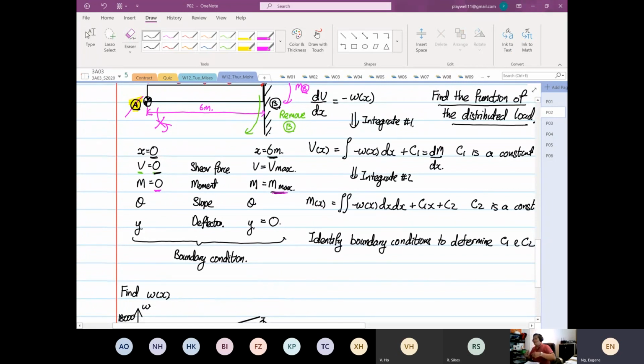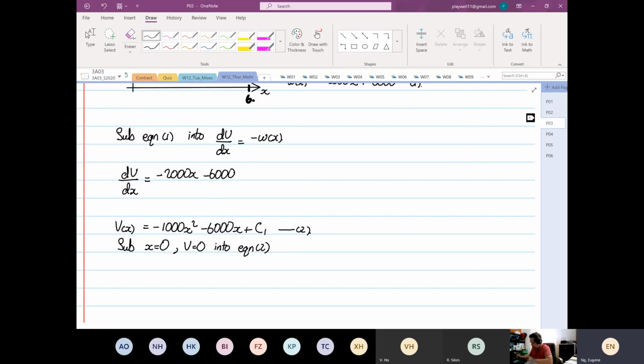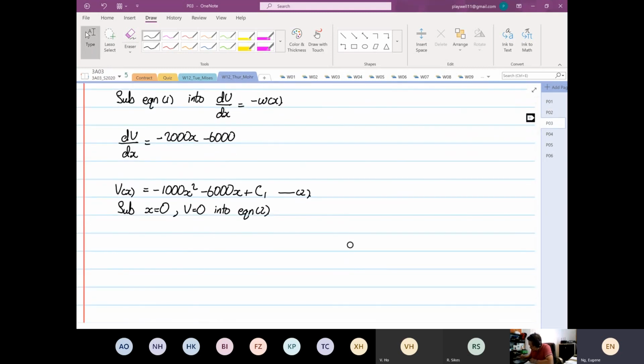When you have used a boundary condition, I usually have a very good practice that I put a tick mark. So I've used it already. You cannot use your boundary condition twice. You only can use it once to solve a particular set of conditions. So from here we know that, therefore, c1 is equal to 0.